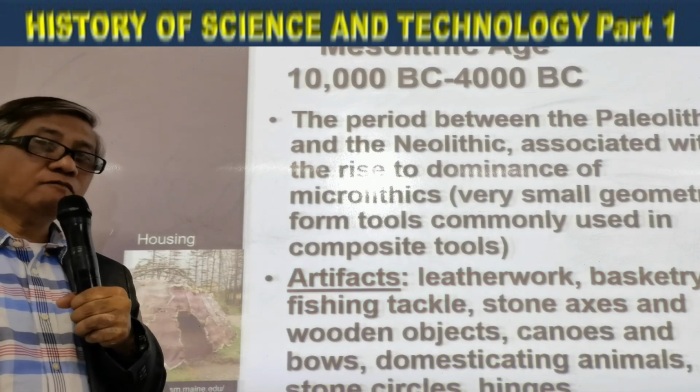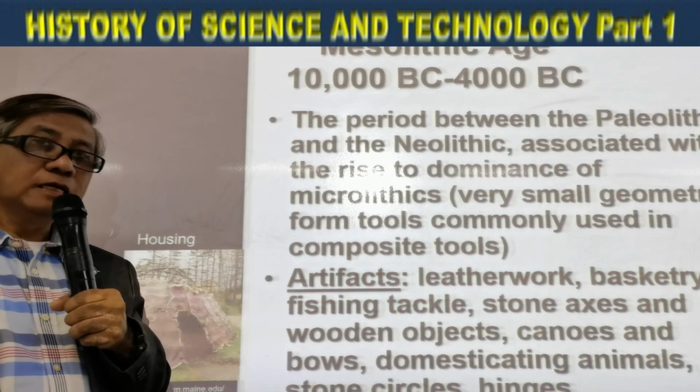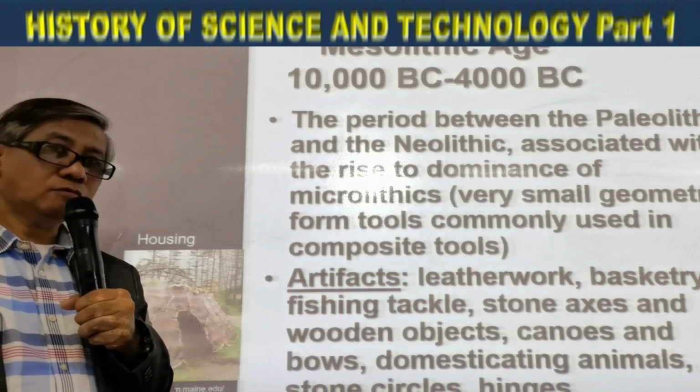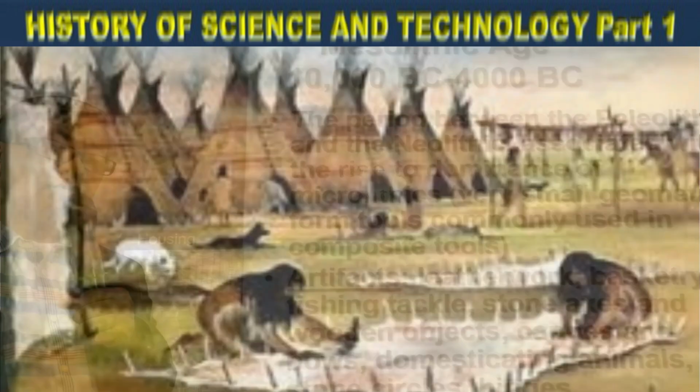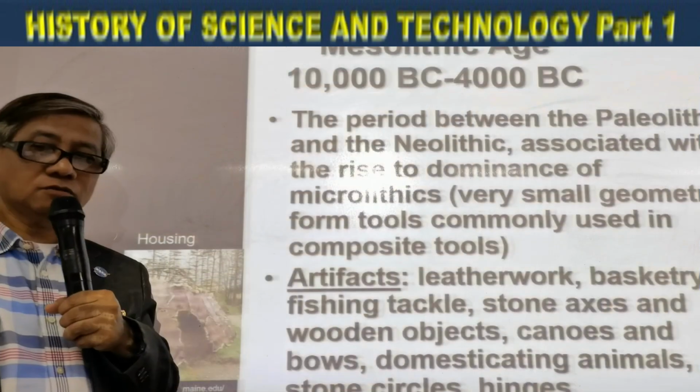So, the artifacts under the Mesolithic age are as follows. The people during that time engaged in leather work. So probably they made use of the hide or the skin of animals and used the leather probably for clothing or shelter.